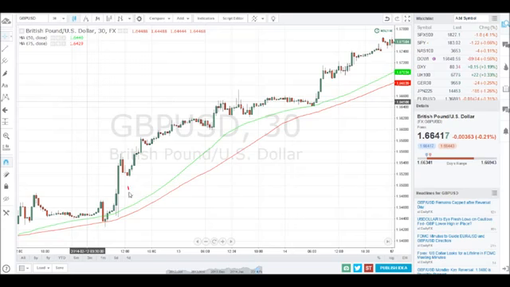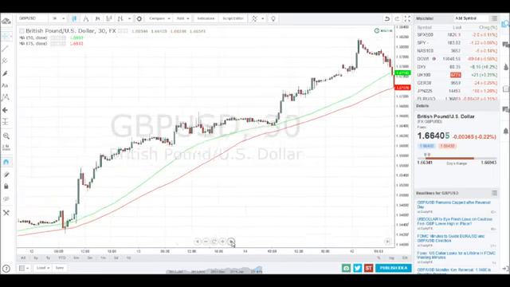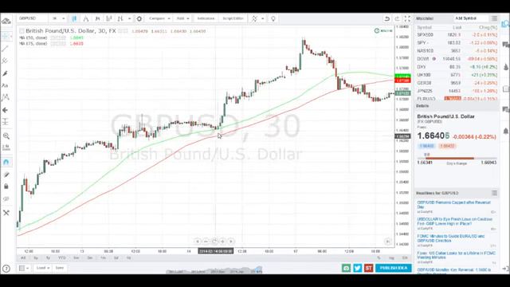So we have a bullish pin bar here and a bullish engulfing candle, but we wouldn't open positions there because they're so far away from our moving averages. If we go forward, this is the signal we are looking for.